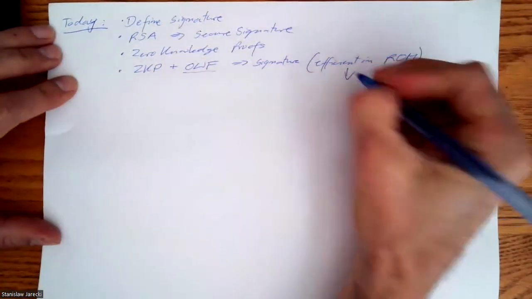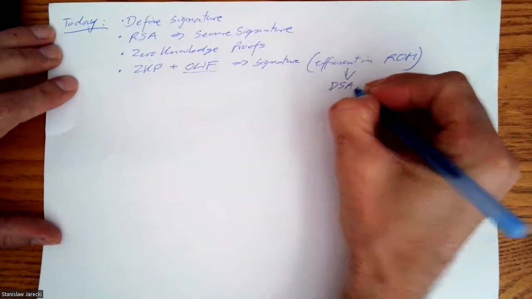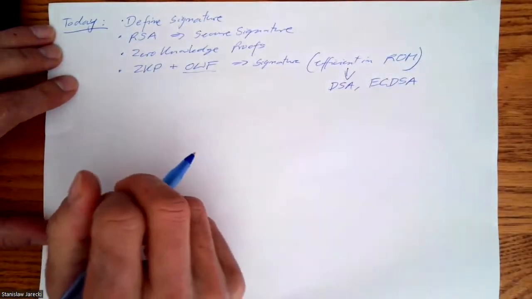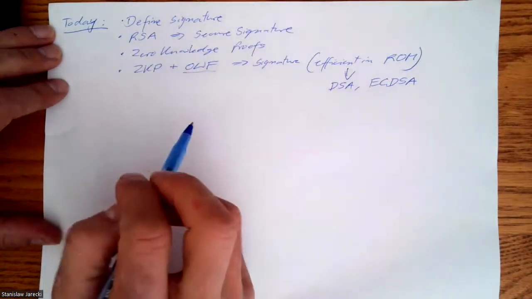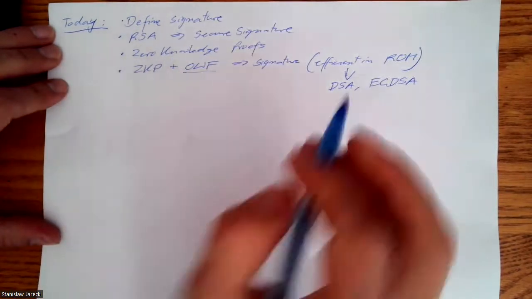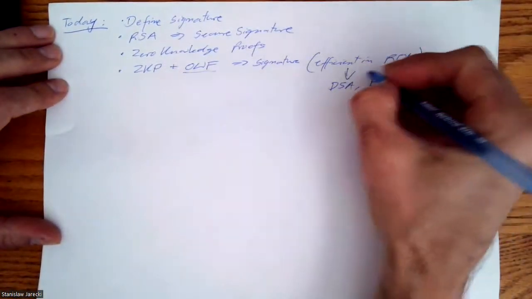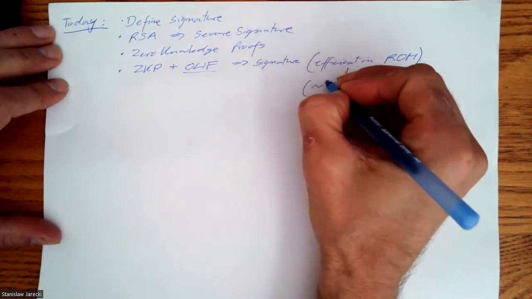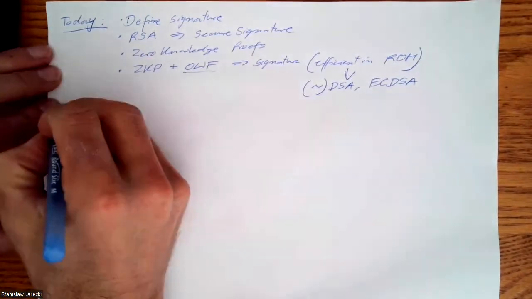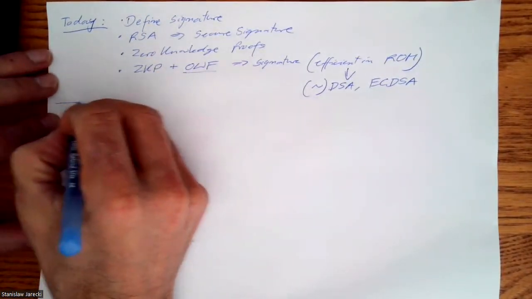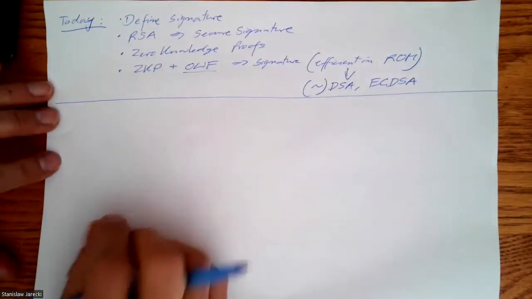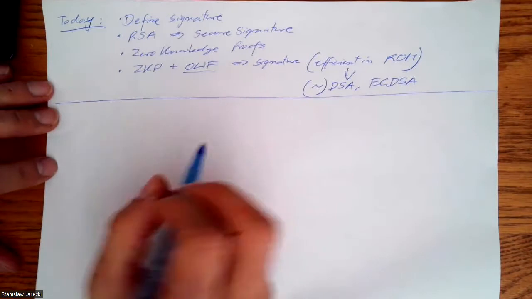And in particular, DSA and ECDSA are the standard signature schemes that in fact follow this path. Okay, well, not exactly. They veer a little bit from the path, but this is not exactly how these signatures are created. Still, this way of explaining them, I think, is the most generally useful way.